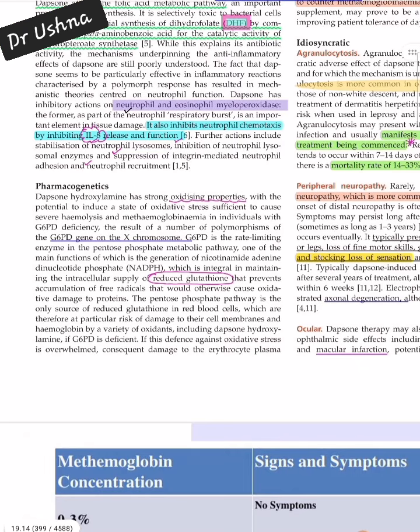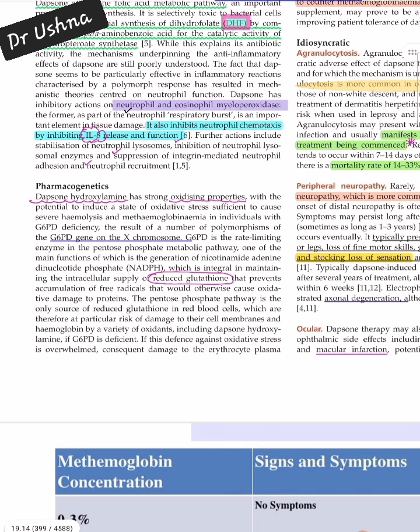Pharmacogenetics is basically about the toxic metabolite of dapsone, hydroxylamine. It has a strong oxidizing property. So individuals who are G6PD deficient are more prone to the oxidative stress produced by dapsone. What happens is, in your body, through the normal metabolic pathway NADPH is produced.